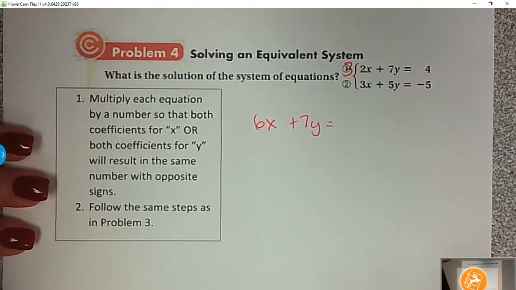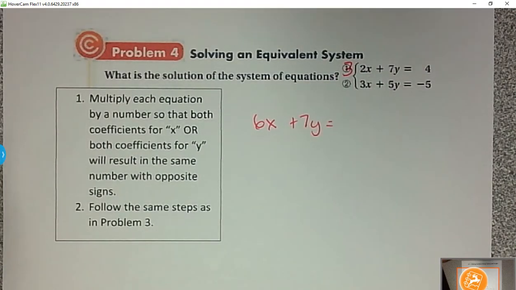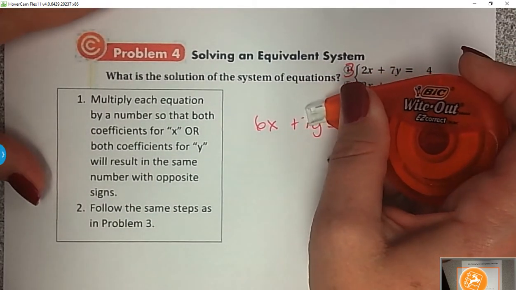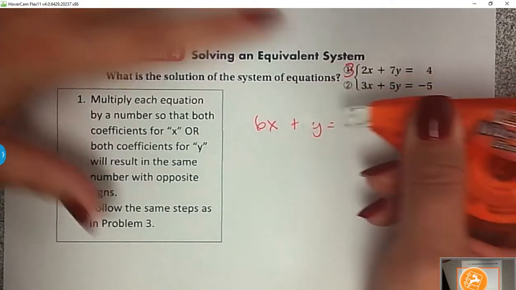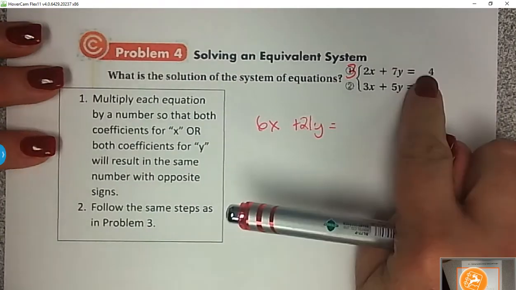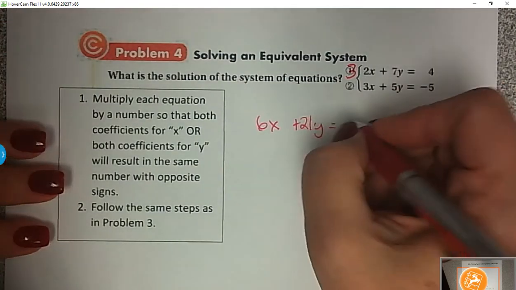Oh, let's try again because I have to multiply every part of it. 7 times 3 is going to be 21. So this is 21y. Also multiply by 3 over here will give me 12.